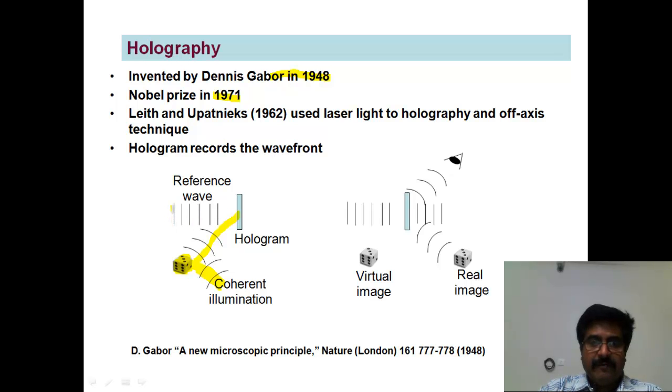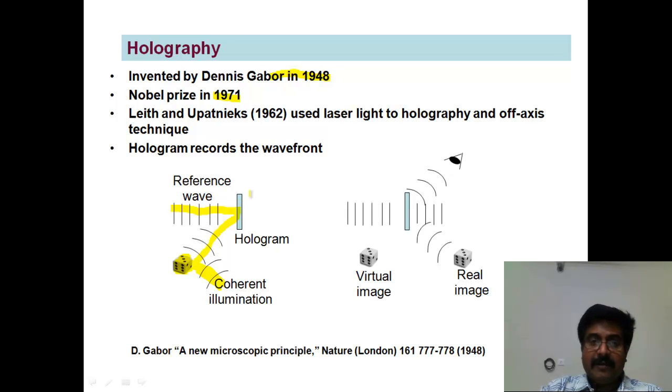And a reference wave, which is a plane wave, is also moving in this direction towards the holographic plate. The object wave and the reference wave interfere in the photographic plate. So the fringe modulation is captured on the photographic emulsion. This is the process of recording a hologram.